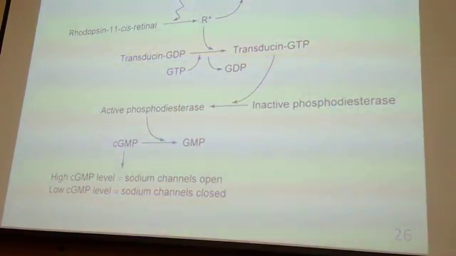So the cell is depolarized, and it's secreting neurotransmitters like glutamate and controlling those secondary neurons, which are firing to our visual cortex. So in response to light, we have all these events happening, all culminating in these sodium channels closing, and our cell becomes hyperpolarized, and it shuts off transmission to these second-order neurons. Okay?